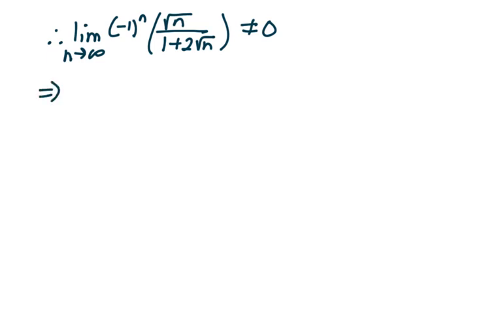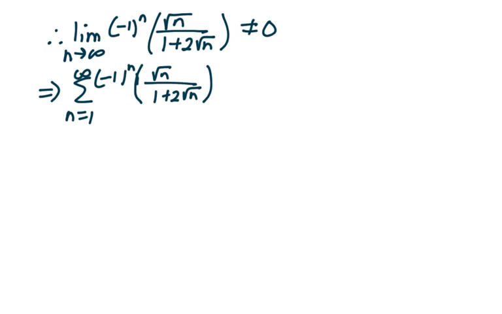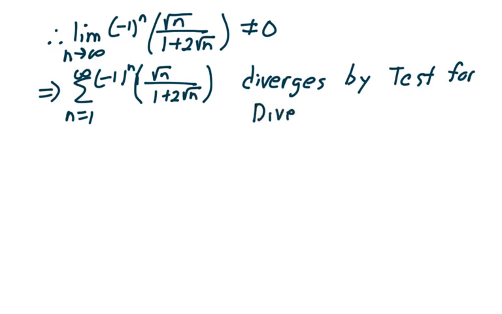And so that implies the summation from n equal 1 to infinity of negative 1 to the n times square root of n over 1 plus 2 square root of n diverges by the test for divergence. And that's how we do 7J.